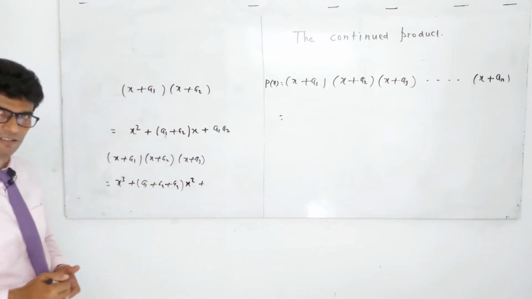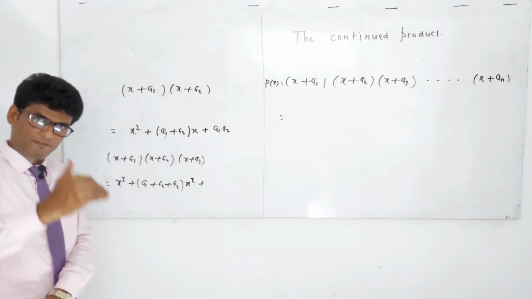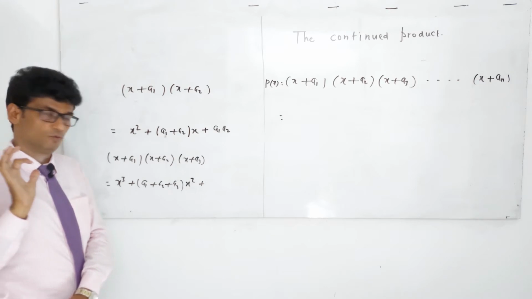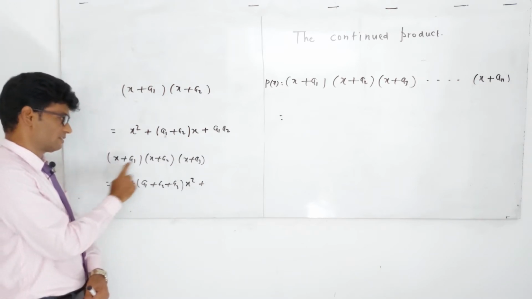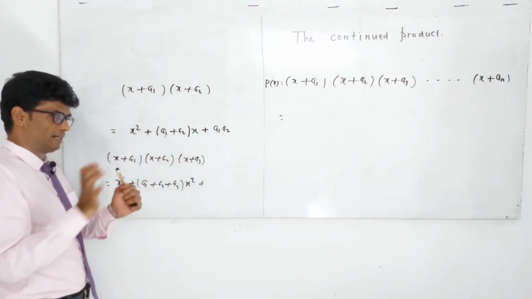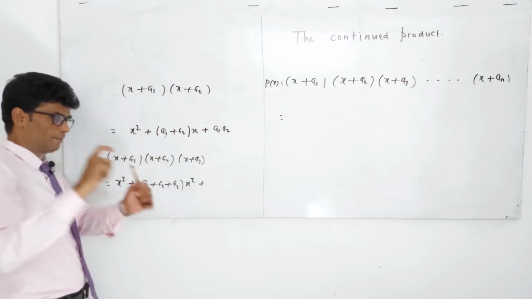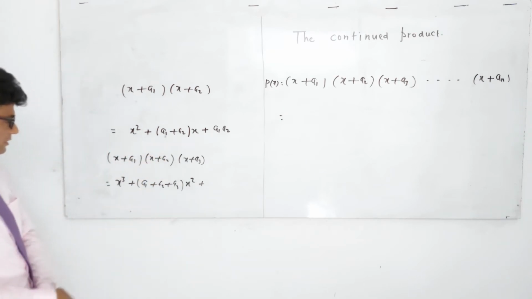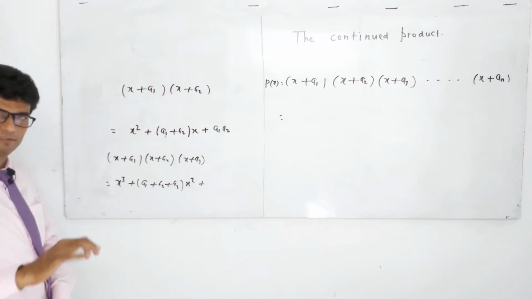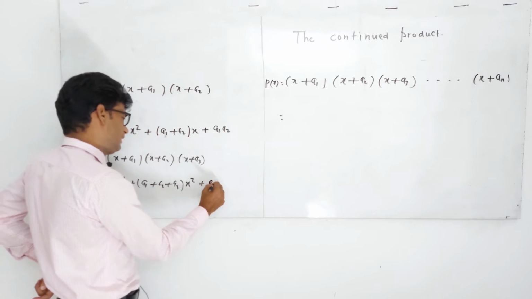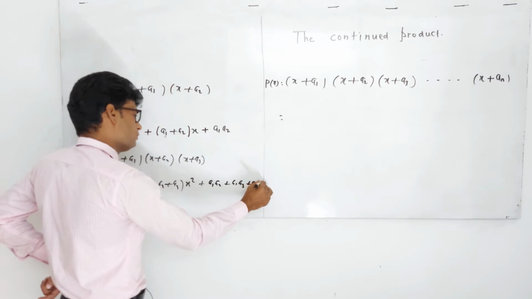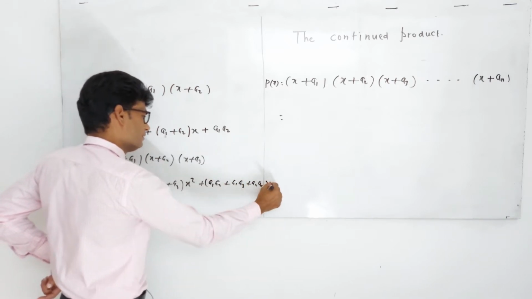Now gradually decrease. Take x from one factor and numbers from the remaining two. So x a2 a3 multiplied together, x a1 a3 multiplied together, x a1 a2 multiplied together. So what are we going to get? x is common, so a1 a2, a1 a3, a2 a3 and then x.